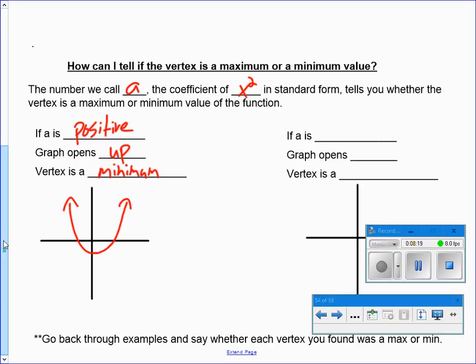Our vertex is a minimum since the graph is opening up.